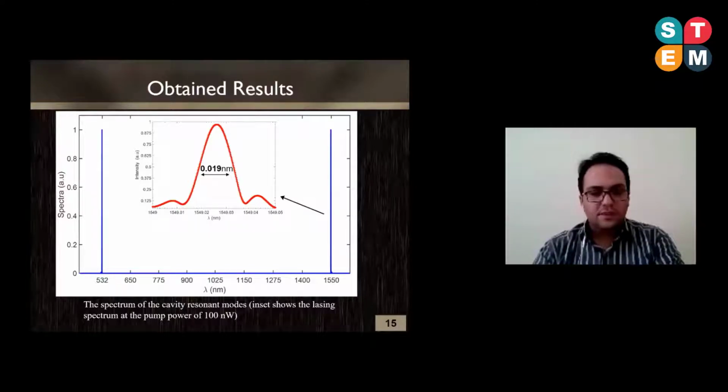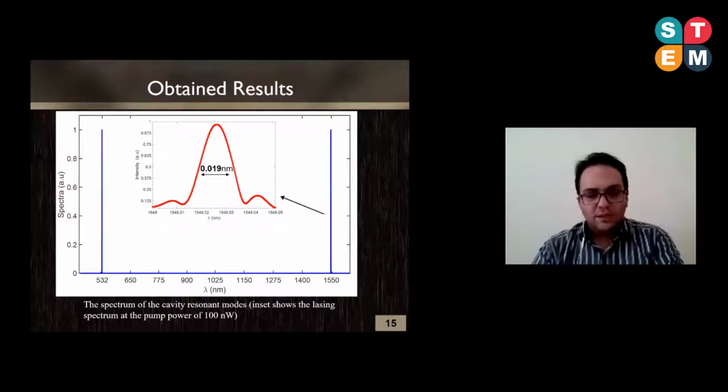As seen in this figure, the proposed cavity supports 2 resonance modes at 532 nanometers and 1.55 micron. As a result, both pump and lasing wavelengths resonate with respective cavity modes.